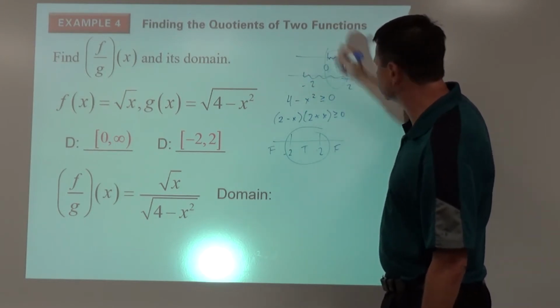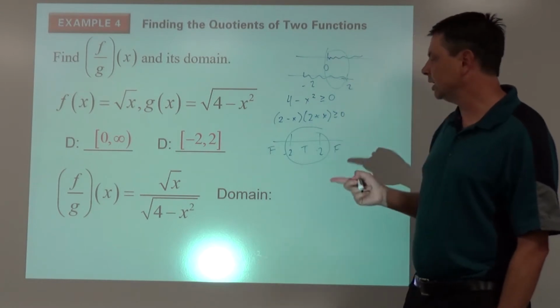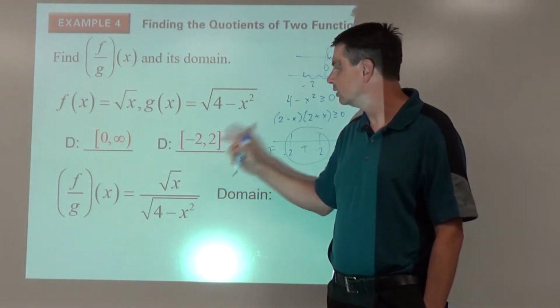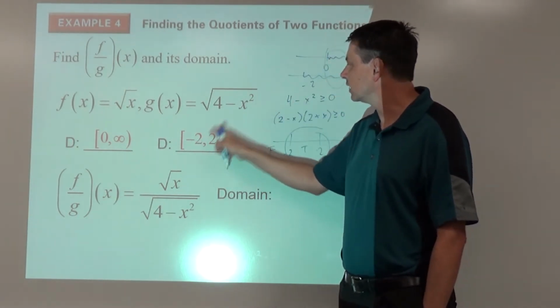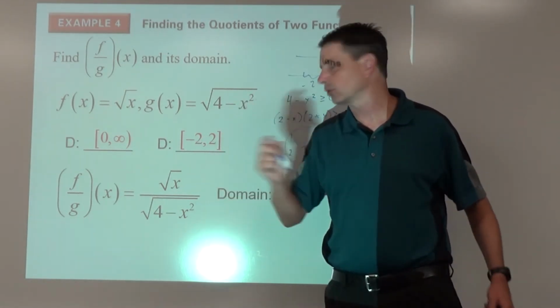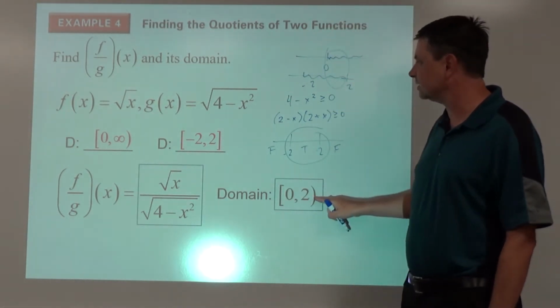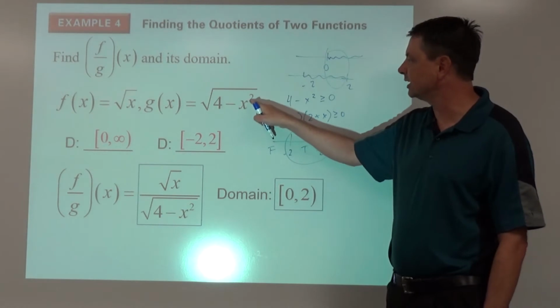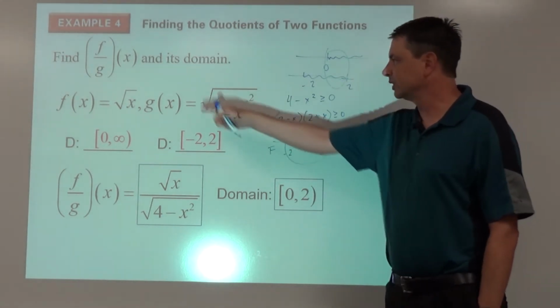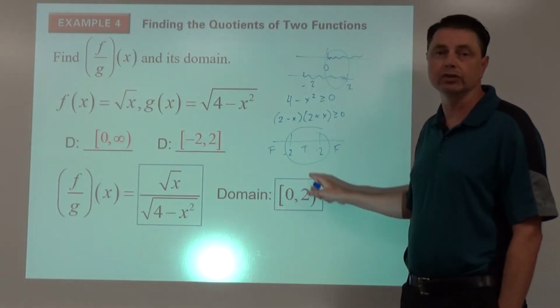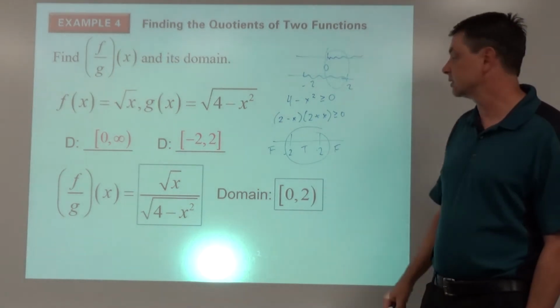Where's the overlap? It's right in there. But one more condition is that we're not allowed to divide by 0. So any number here that causes us to divide by 0, we've got to throw that out as well. So from 0 to 2, but we can't include 2 because when we plugged in a 2, we would get 0 in the denominator of our function. So that's why we're excluding the 2, and we show that with parentheses.